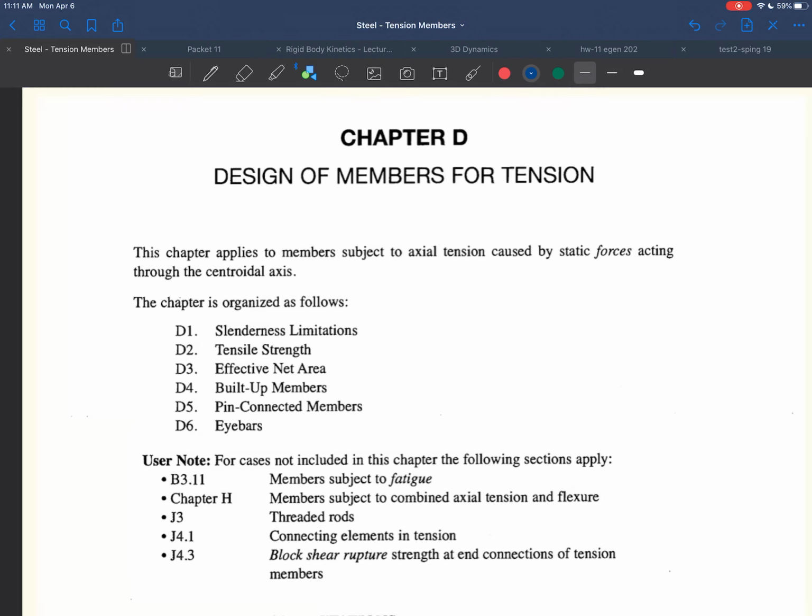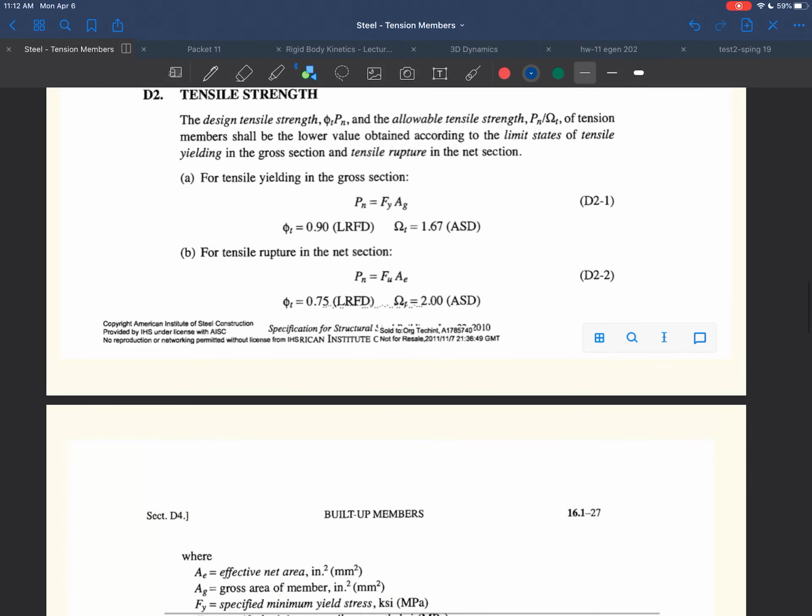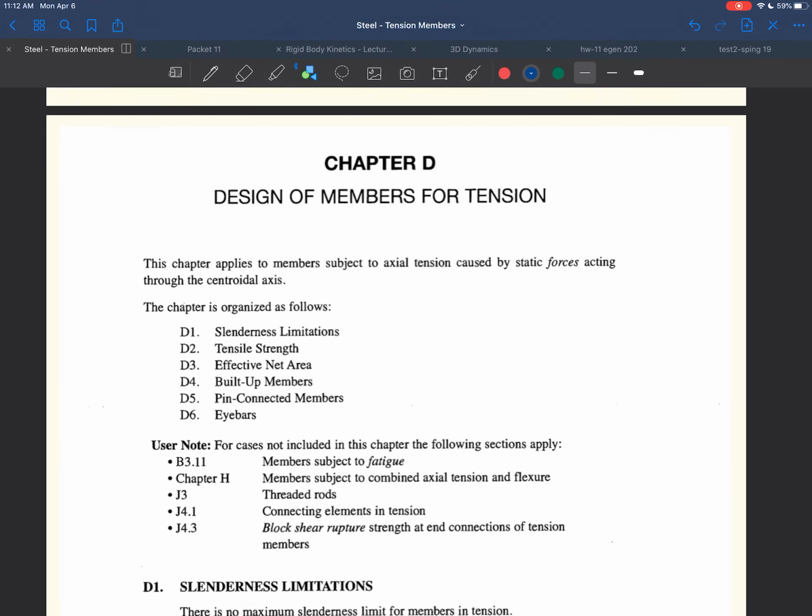Just to back off a bit before I get into exactly what that U is, this is chapter D. This is coming from your specifications. I should also note that the PDF I have for this code is actually from the last code, so the page numbers might be slightly off. The chapters are fine, but the page numbers on my notes might be a little bit different than the page numbers in your book.